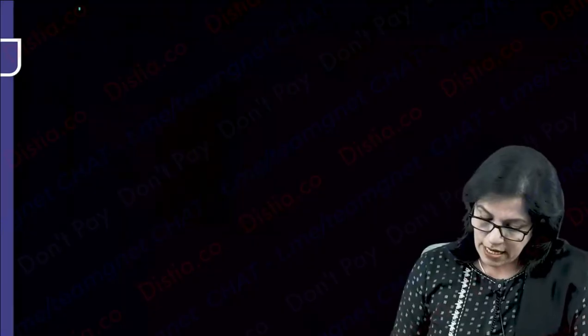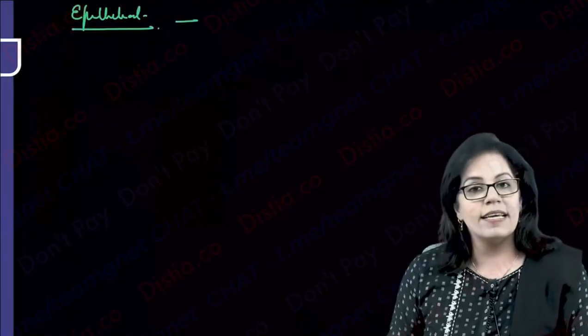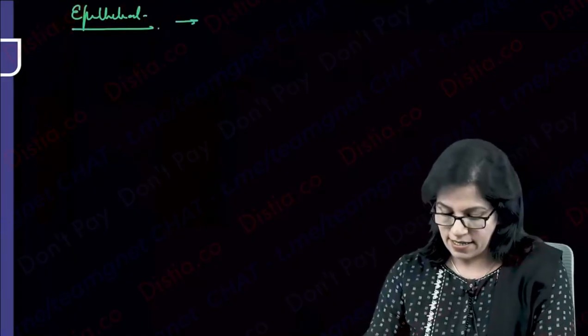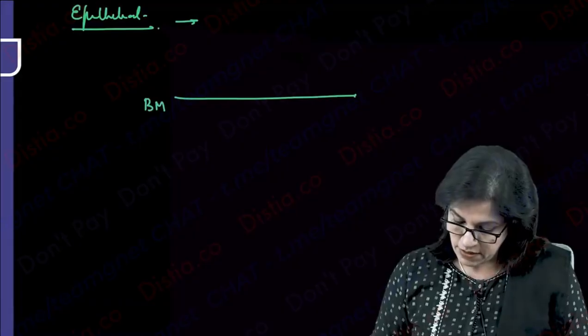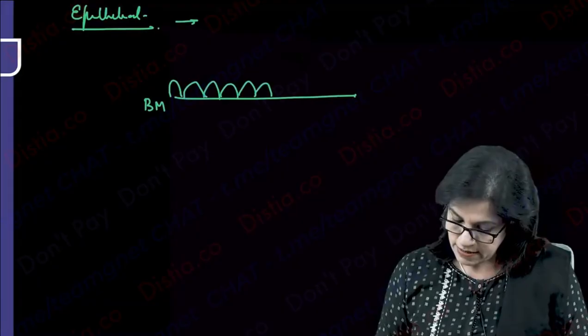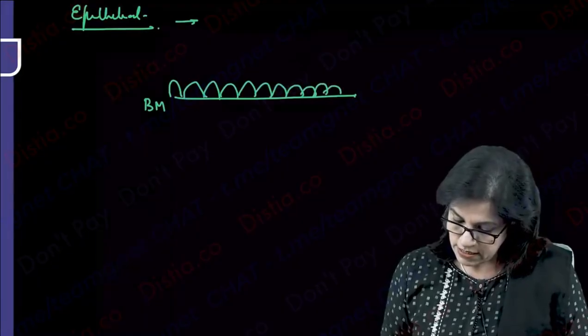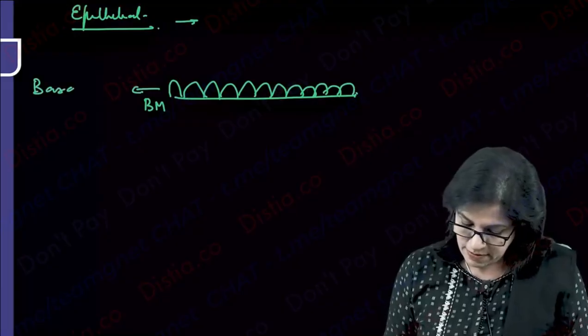First we talk about the epithelial layer. So the epithelial layer is not a single layer, it is multi-layered, consisting of, this is the basement membrane on which you will have a single layer of columnar cells. First, this single layer of columnar cells are called basal cells.